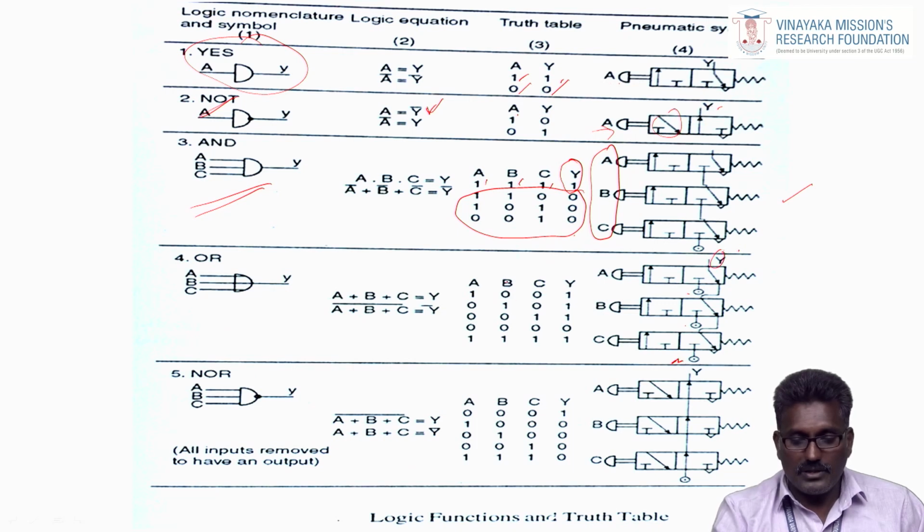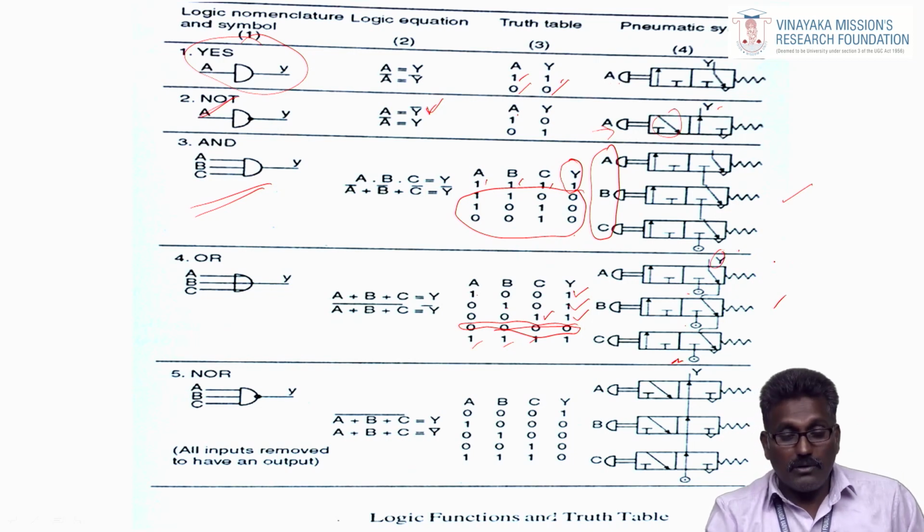You press A, output Y is on, with B and C off. You press B, output Y is there, or press C, output Y is there. Only if you do not press any switch is there no output, and if you press all the switches, the output is there. This type of logic is used, for example, in boilers.